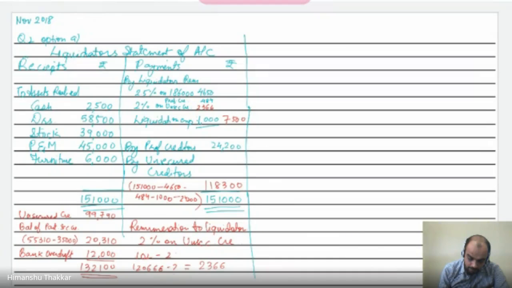Premium 20%. So 20% of 5 lakh will be 1 lakh. So the total of all these three will be 13,50,000. That is the purchase consideration.